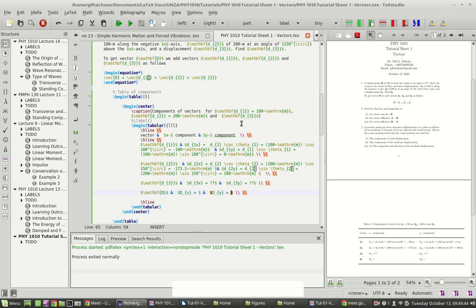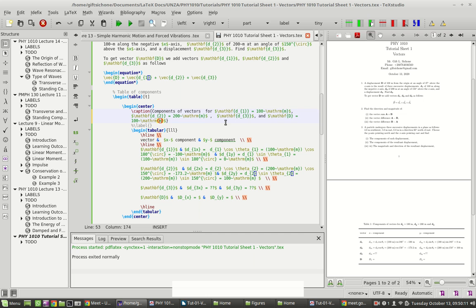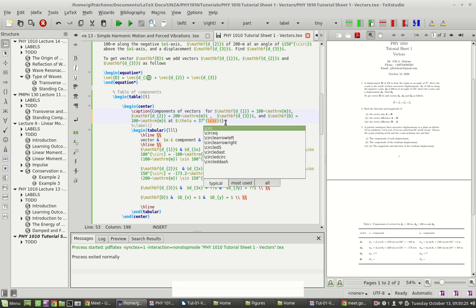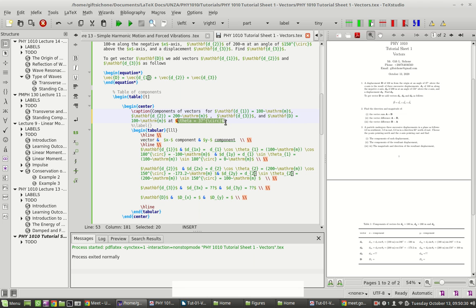I probably need to add it to the table of components on the caption here. Theta equals 37.